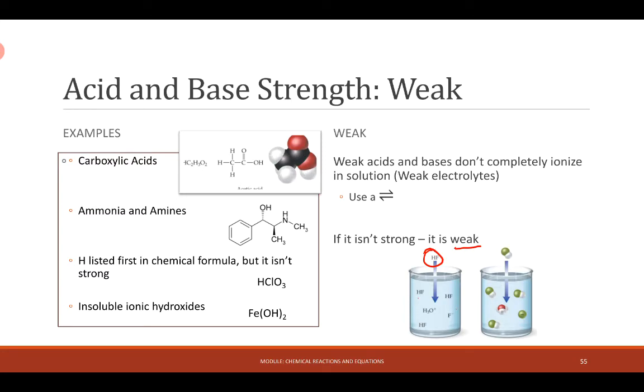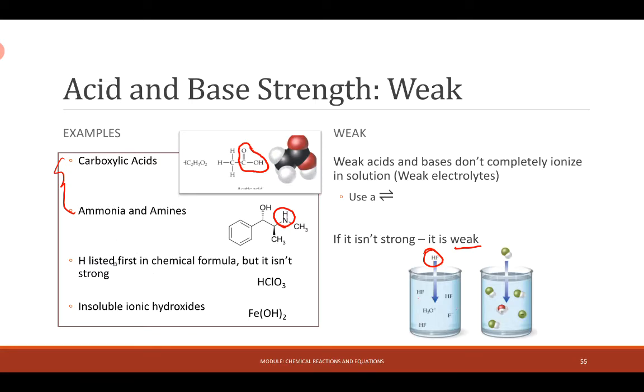Other examples of weak acids and weak bases include our organic acids and bases. And so our carboxylic acid functional group, which you'll remember is our COOH, and ammonia and amines. Amines contain a nitrogen bonded to carbons or hydrogens, and so our amine group is there.